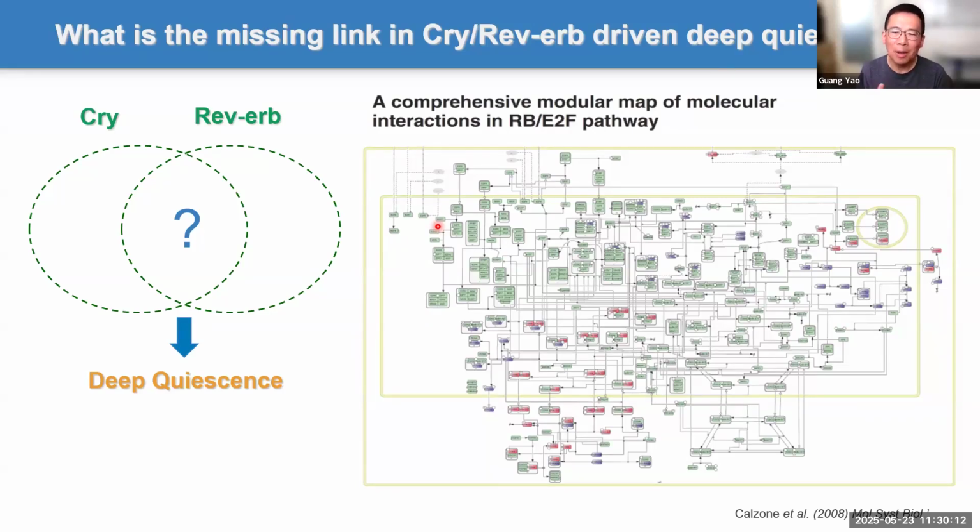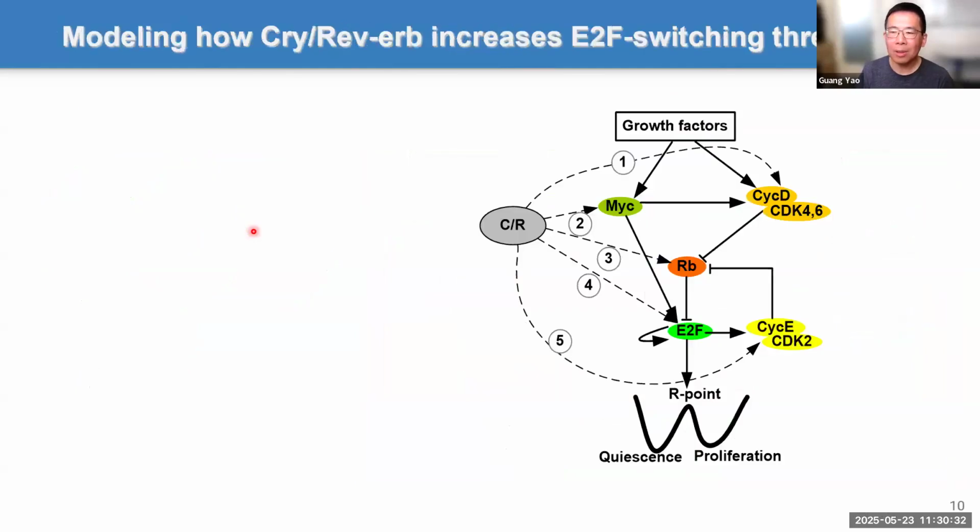You have to find a convincing potential target, then we design experiments, which take a lot of effort. But we don't know which one will potentially be regulated by Cry and RIV-ERB to drive into deeper quiescence because it's missing. Okay, then how can we do this?